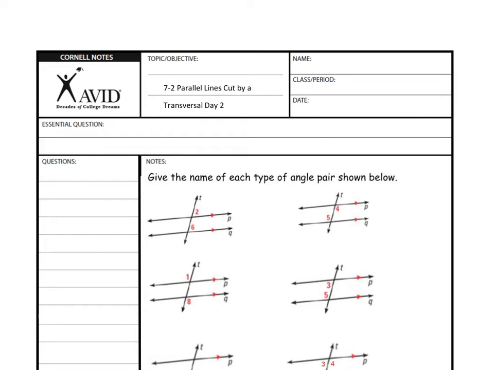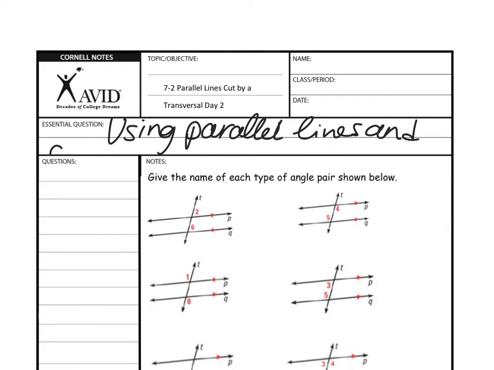Using what I know, so using parallel lines and angle pairs, how do I find angle measures?